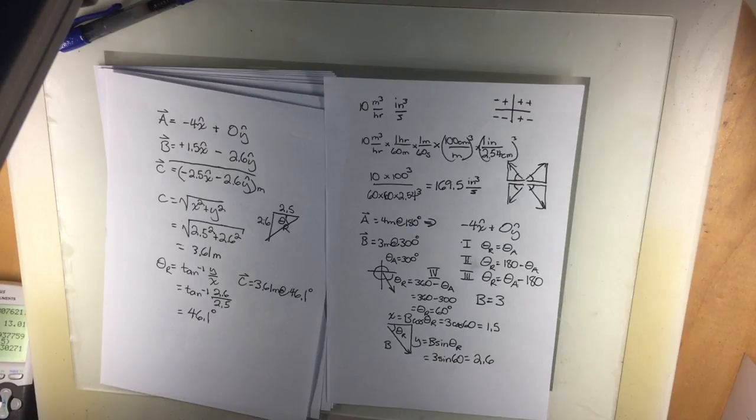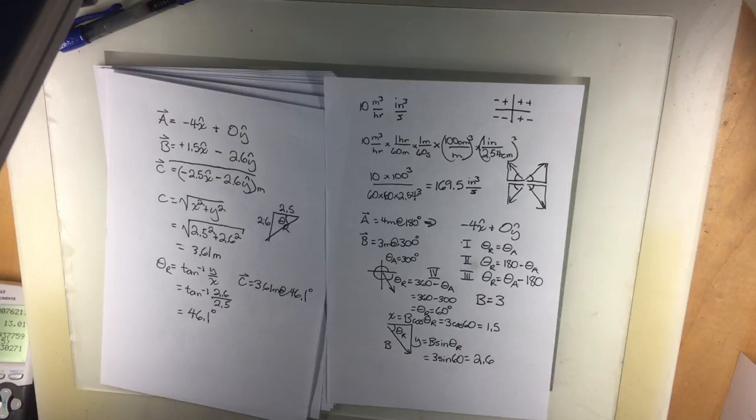Yes? Since it's in the third quadrant, would you add? Oh, you know what? Thank you. I'm not done yet. I was so eager to move on to the next part. Now, to make me look smart like I intentionally did this, work with me here. What is the 46.1?